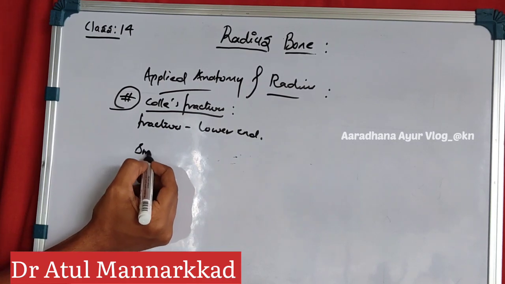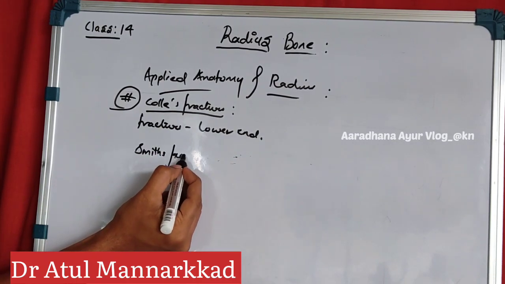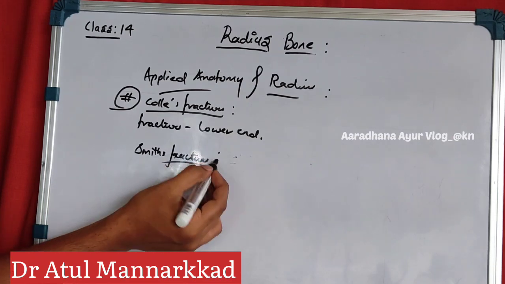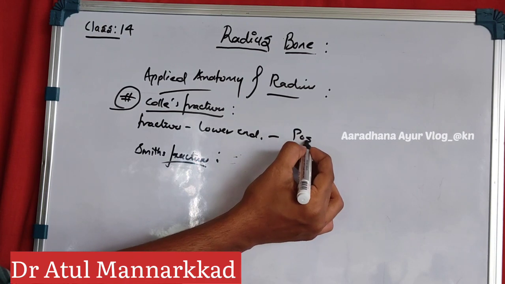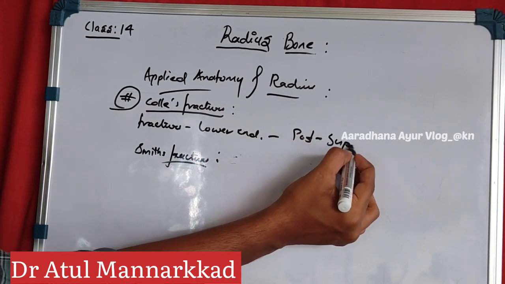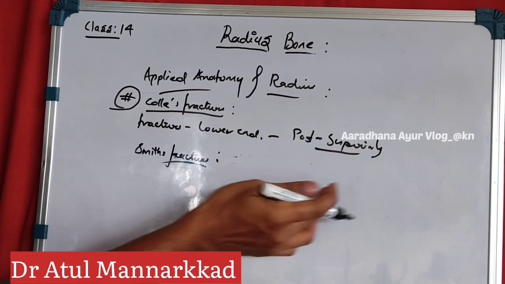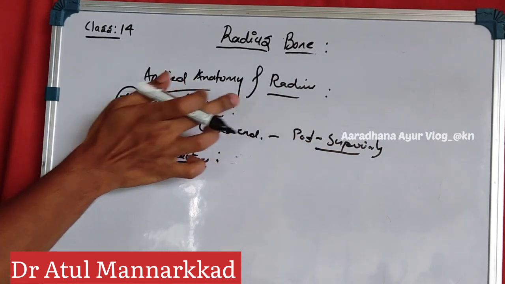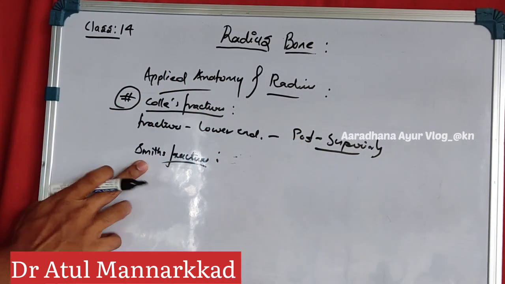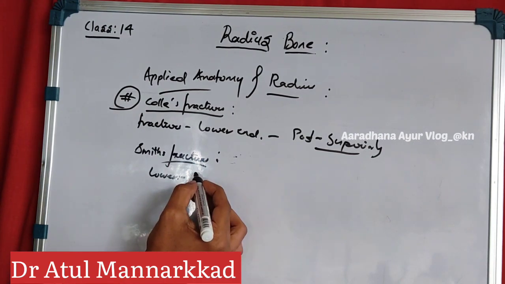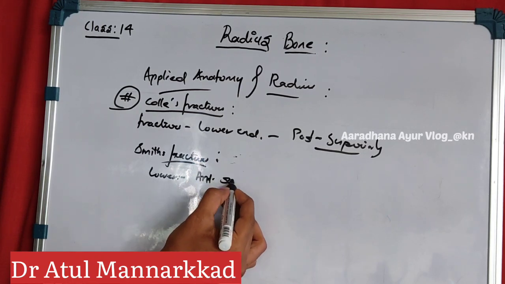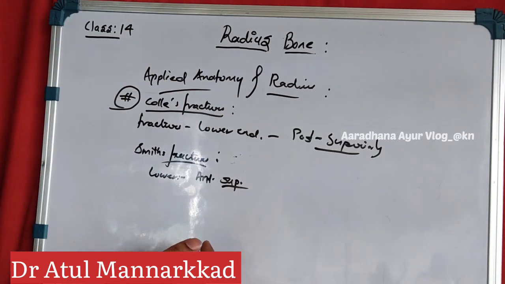Next is Smith's fracture. When the lower fragment goes posterior superiorly, we call it a Colles fracture. In Smith's fracture, the lower fragment goes anterior superiorly. The radius is involved in the transmission of weight.